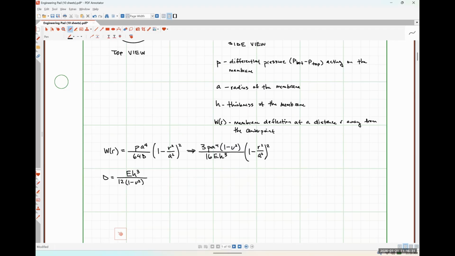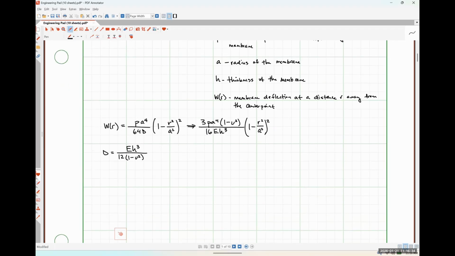So our maximum deflection is just W evaluated at 0. And so quite obviously then that whole 1 minus R squared over A squared bit is just going to go away. That's just going to look like 1. And so we're going to have 3PA to the fourth power times 1 minus Poisson's ratio squared over 16 EH cubed.